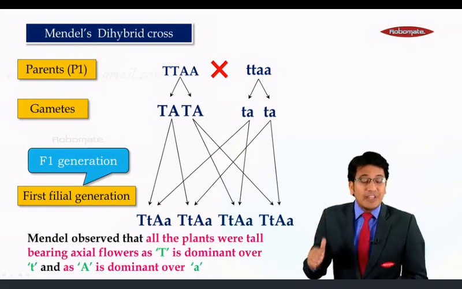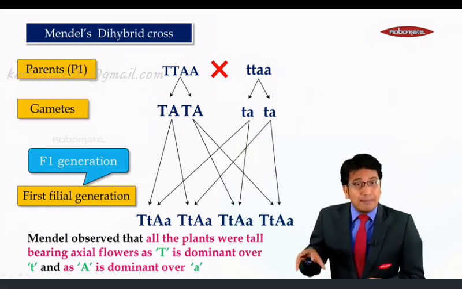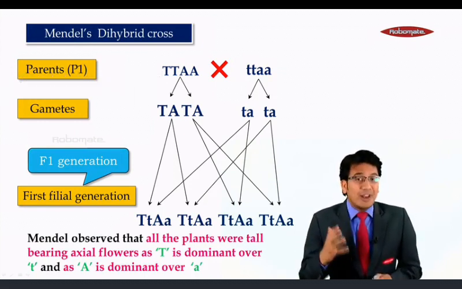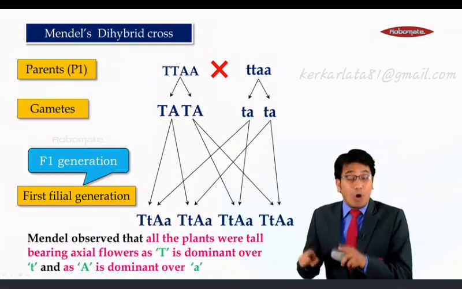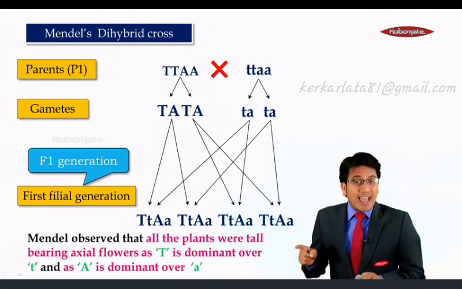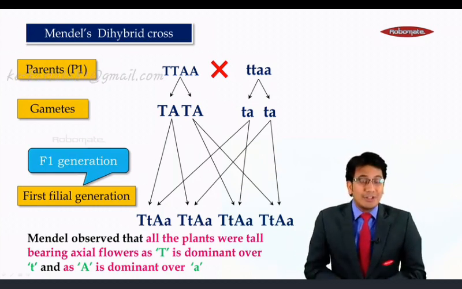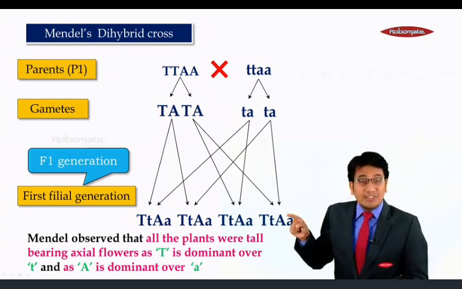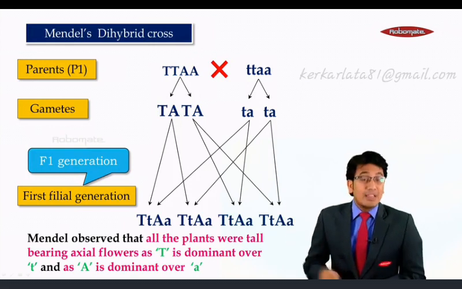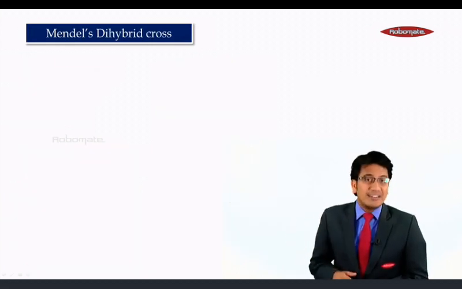So Mendel observed that all the plants were tall, bearing axial flowers, as capital T is dominant over small t and capital A is dominant over small a. So the genotype of all these plants was the same. They were tall and axial.